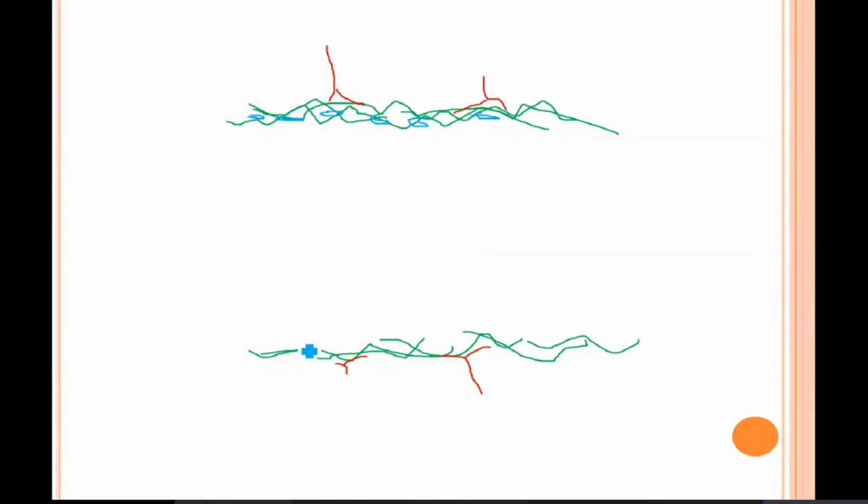Similarly, on this side, chondroblasts. These chondroblasts, like I said, are the cartilage producing cells, and they are always present on the peripheries of the cartilage, on both sides.